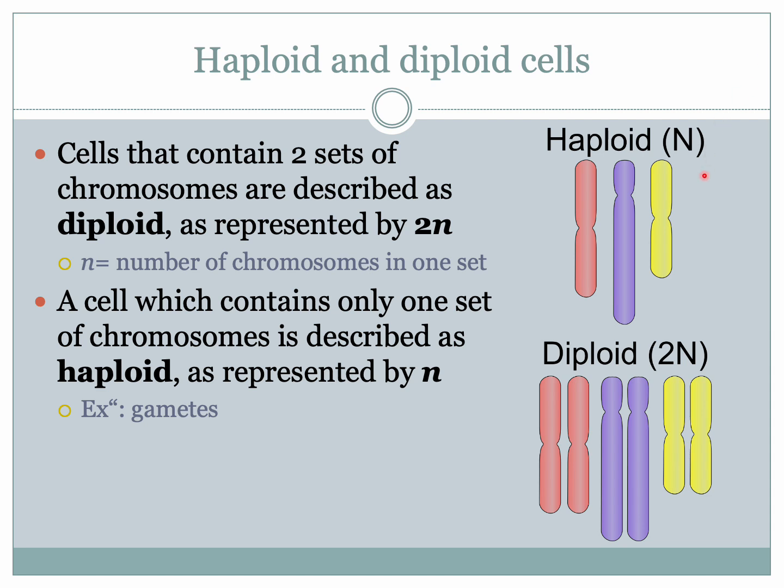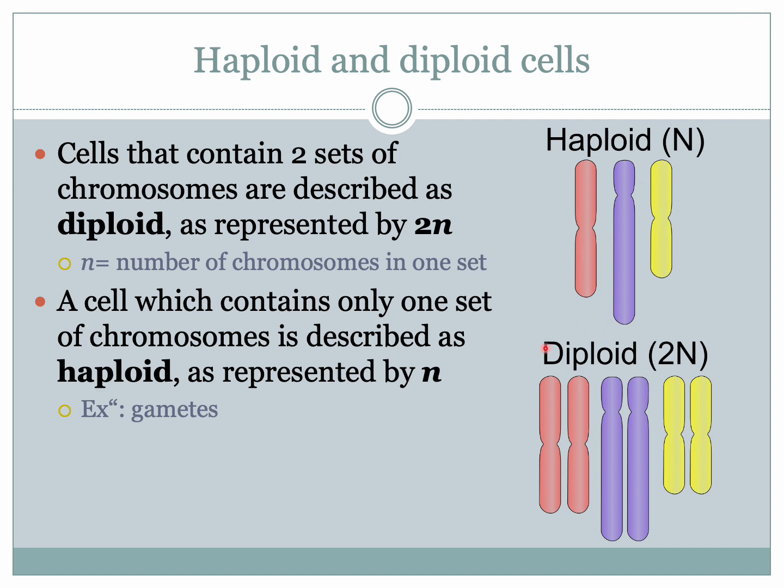Then we have haploid and diploid cells. Cells that contain two sets of chromosomes are described as diploid, as represented by 2N. Think diploid, the "di" at the beginning represents 2. The N is the number of chromosomes in one set.